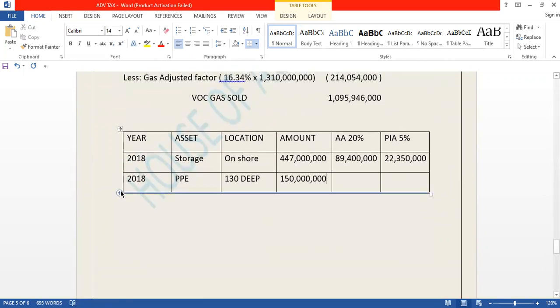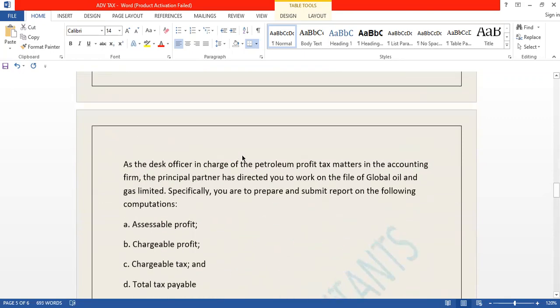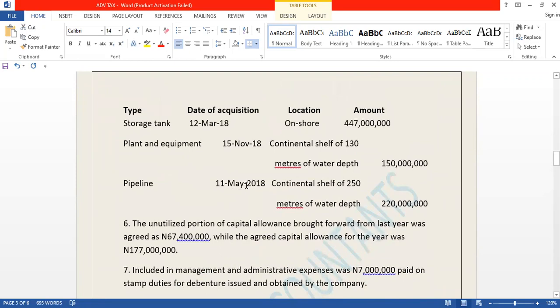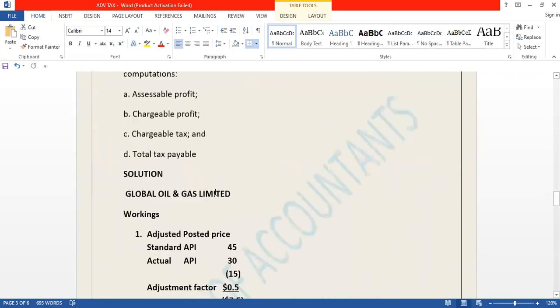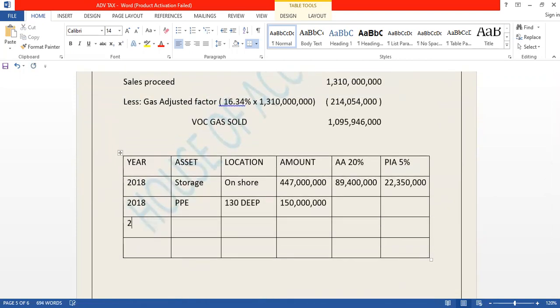Then let's pick all the assets once and for all. We have another one to be 2018 again, which is pipeline. So pipeline 2018. Then the deep is 250.